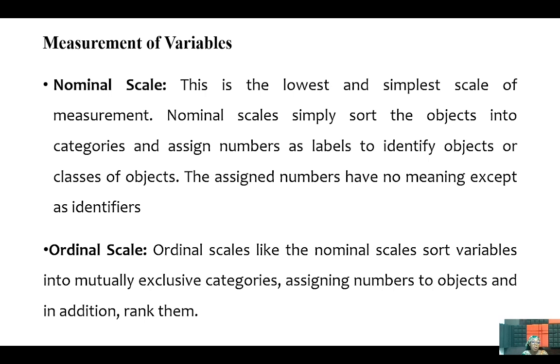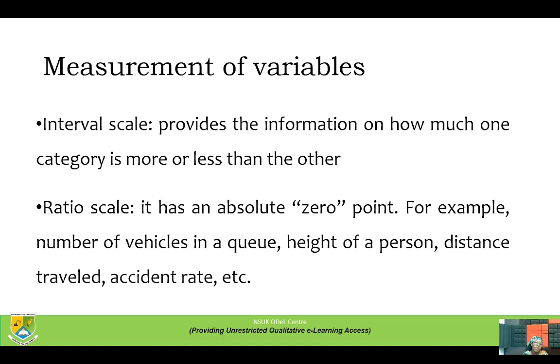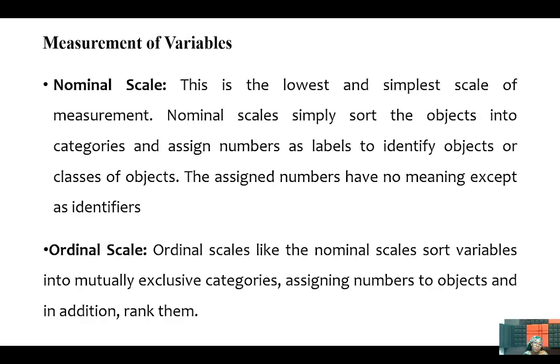So we move on to measurements of variables. Under measurement of variables, we have the nominal scale, the ordinal scale, the ratio, and the interval scale. So for the nominal scale, this is the lowest and the simplest scale of measurement.